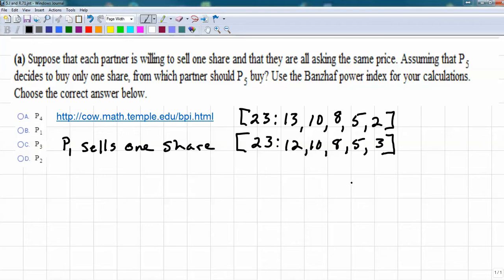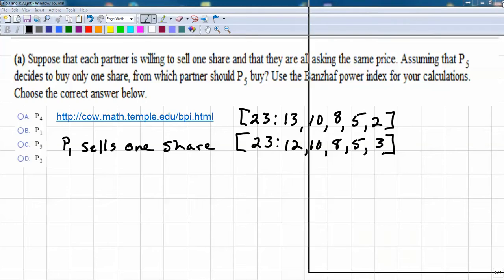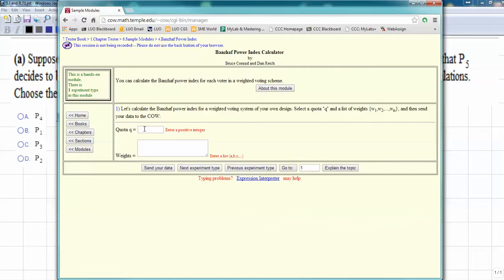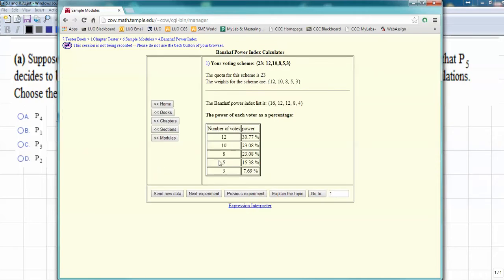And this is what we're going to calculate. We're going to put this into the calculator that I was just showing you. So we're going to type in the quota, which is 23. Then we're going to tab into the next field and type 12, 10, 8, 5, 3. And then we will left-click Send Your Data. And this is going to give us the power index setup.